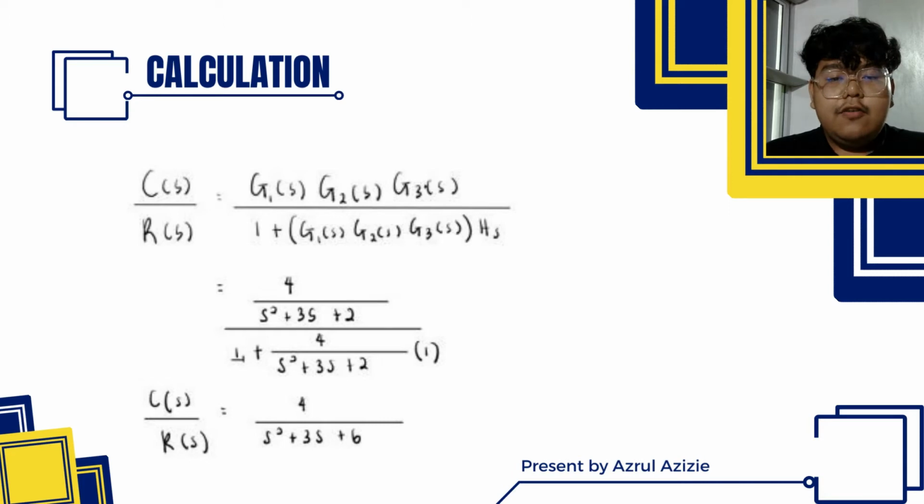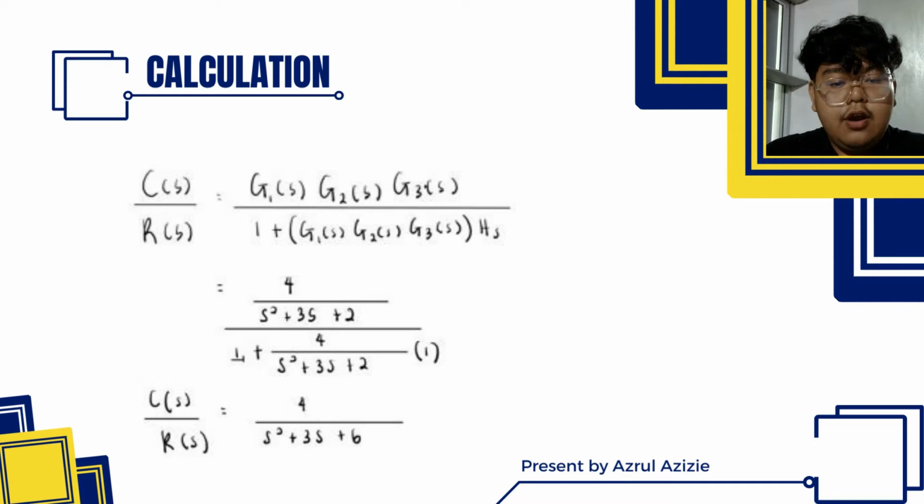For the calculation of the transfer function, we get G1(s)G2(s)G3(s) over 1 plus G1(s)G2(s)G3(s) times H(s). After we assume the value of G(s), which is 4 over s squared plus 3s plus 2, we substitute it into the equation.